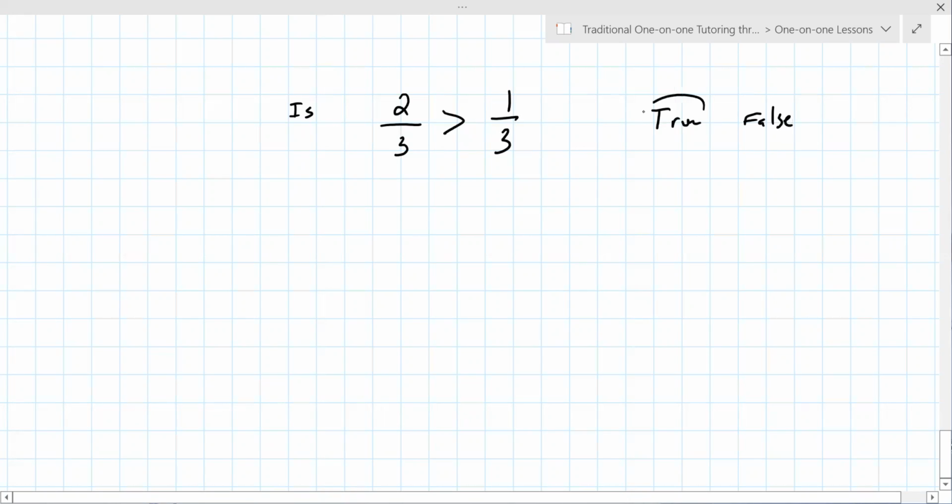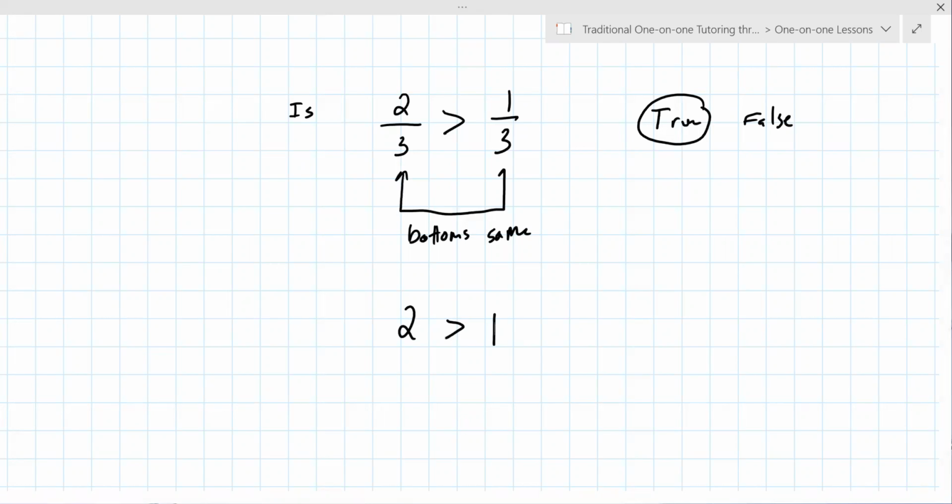Yes, this is true. And the reason it's true is because when the bottoms are the same, see how the bottoms are the same here? The 3s are the same. You just look at the top. You can literally just look at the top. 2 is greater than 1. You see how 2 is up top, 1 is up top.